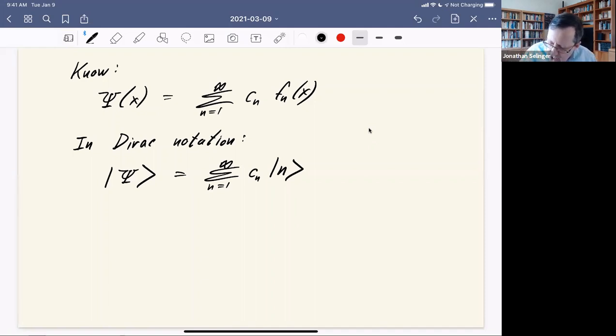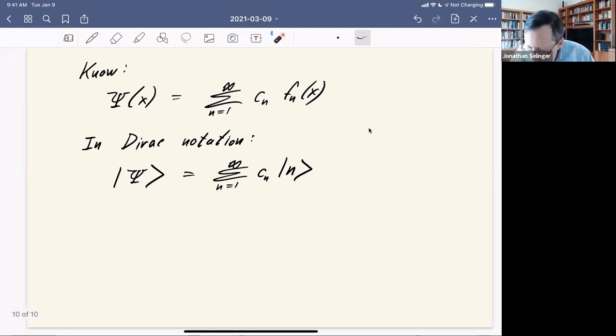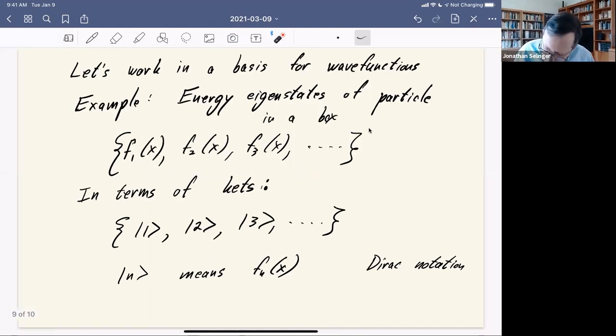So this is our nice compact way of writing this equation about functions. This is an equation that says one function is a sum of coefficients times other functions, and this says the same thing in terms of kets, that the ket psi is the sum of coefficients times the ket n. Now, this is a basis for the kets.